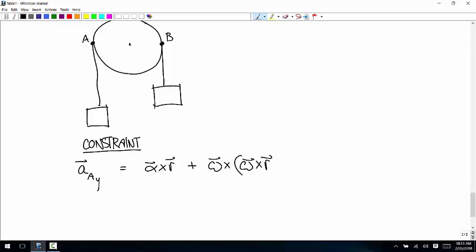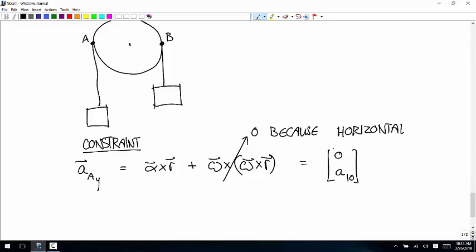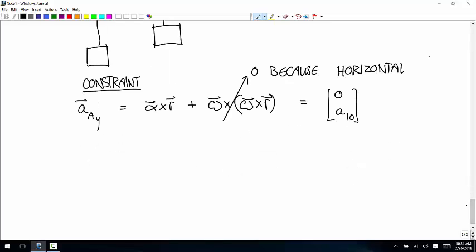This centripetal acceleration part goes away. And this has to be equal to the acceleration, 0, A10.